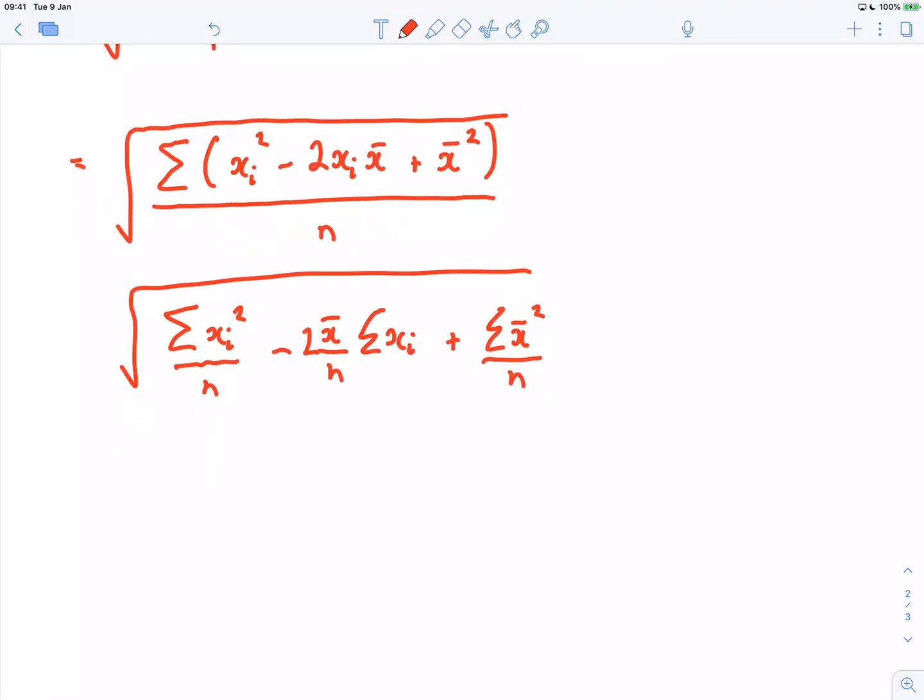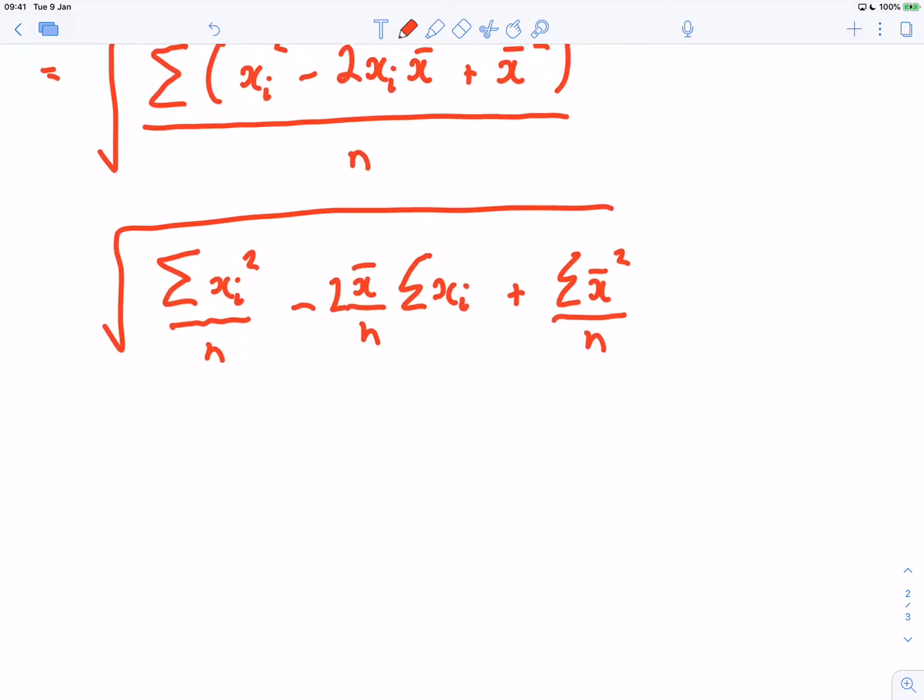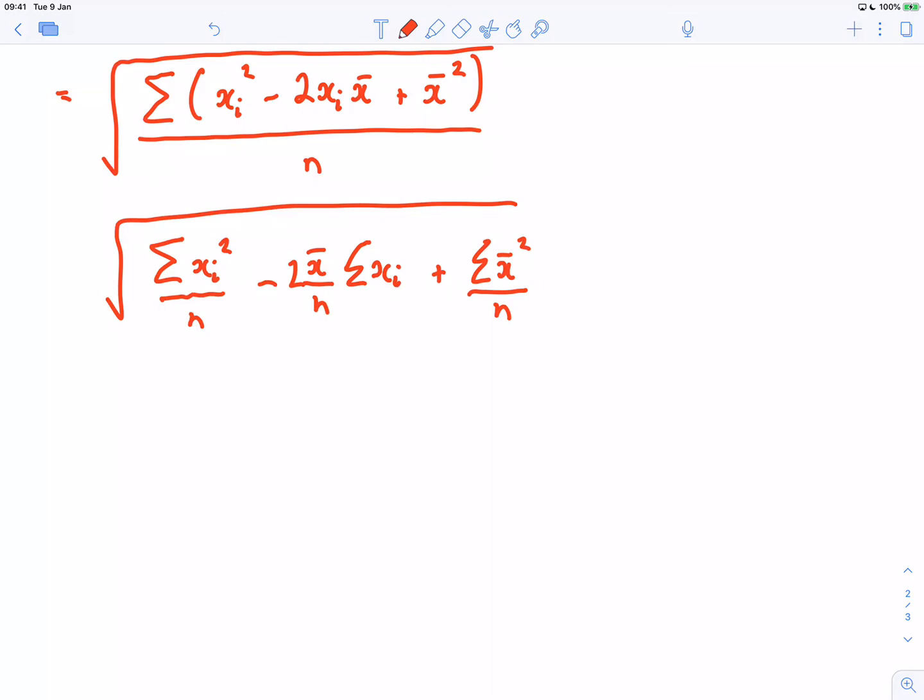Okay, right, what's going on here? Well, first of all, what is x bar? X bar is the sum of xi over n.